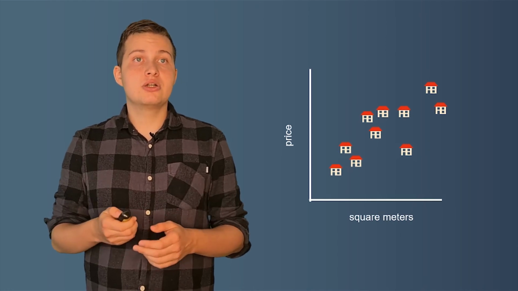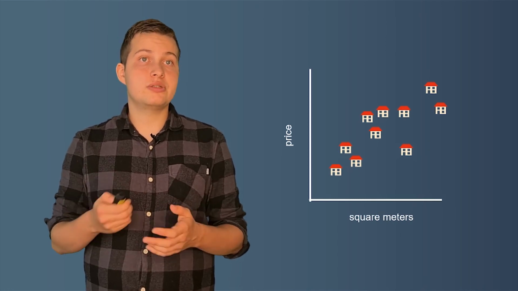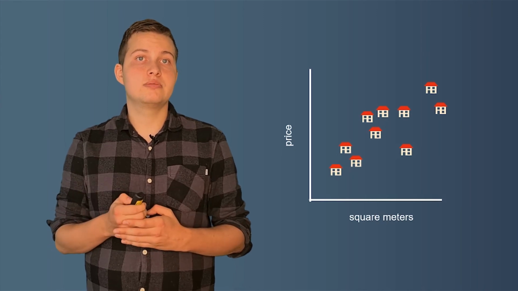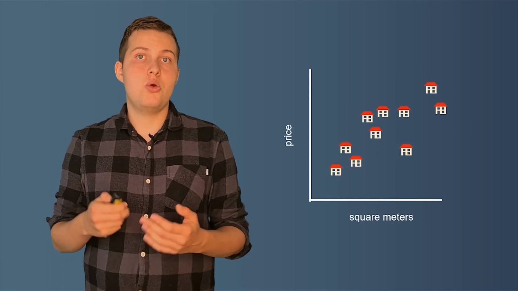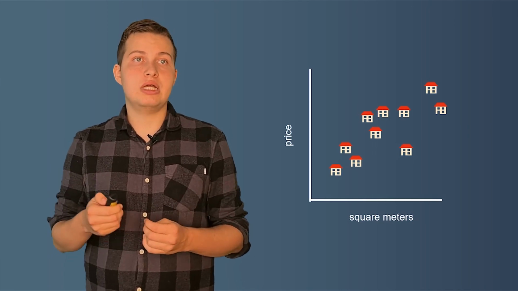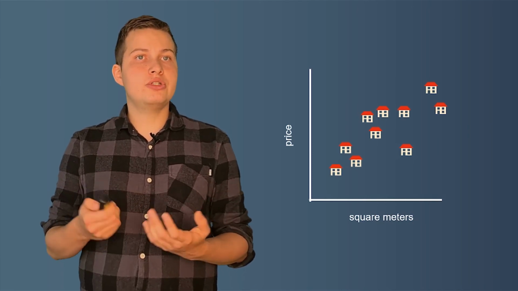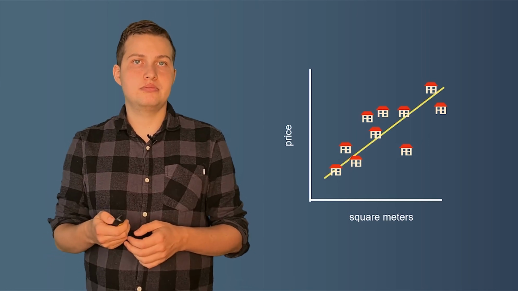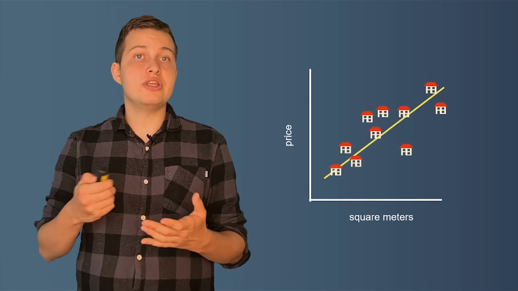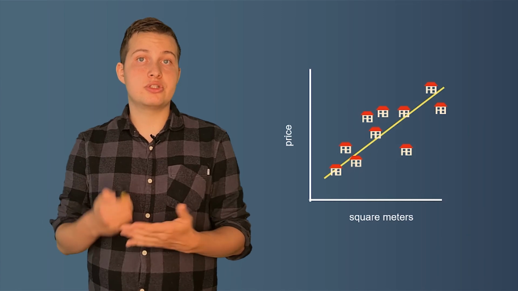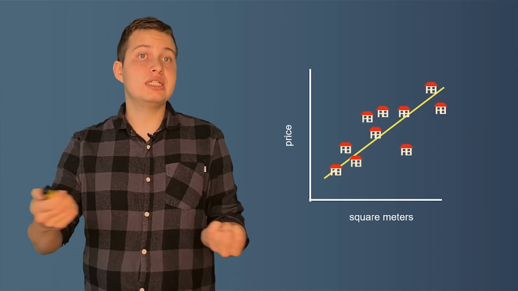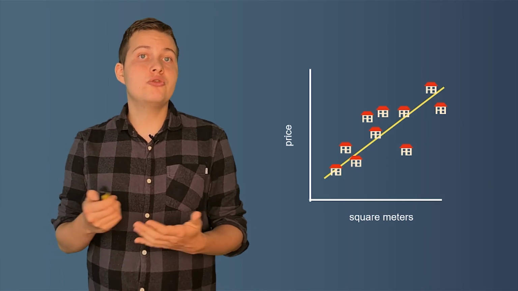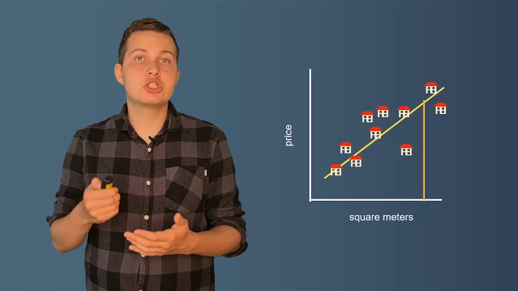Our training data consists of houses and their respective area in square meters as its features, and their price as its label. We would now try to find a line that fits all of our training data best. This means that the overall distance of all inputs to the straight line is minimized. This way we could predict a certain price for a so far unknown house given its square meters.